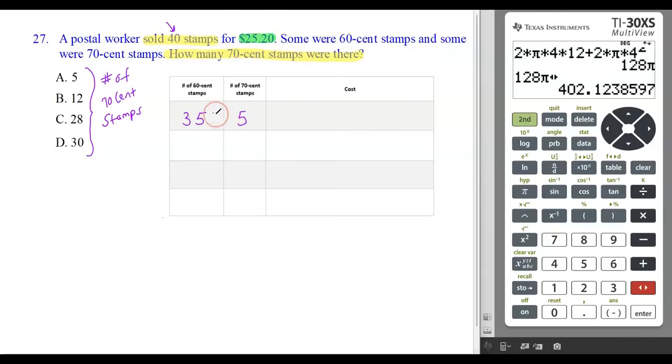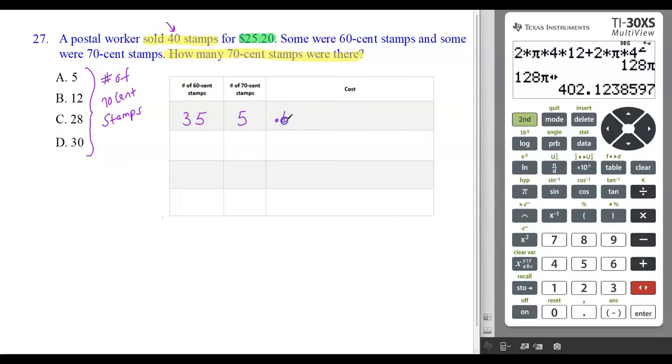So how would I figure out the cost of 35 60-cent stamps and 5 70-cent stamps? Let's just think about this. Each stamp here is 60 cents, and I have 35 of them. So what I'll do is take the 60 cents, the cost for one stamp, times 35.